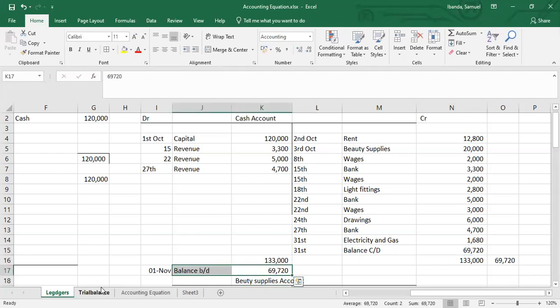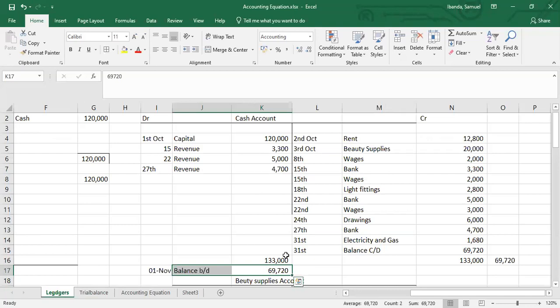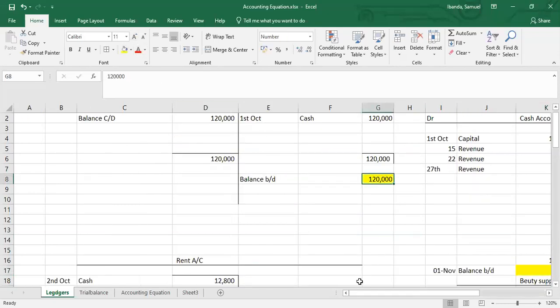So I'll come to my trial balance and put cash. From the ledgers here, since my balance brought down is on this side, remember we picked the balance brought down. This is the balance that we pick, just like the way we picked this 120 here.